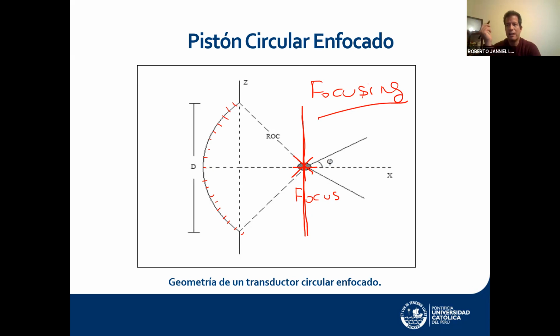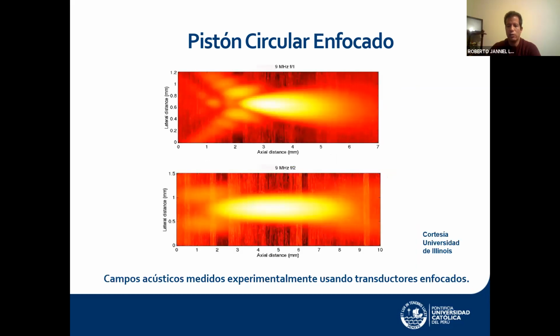But this is again probably one of the most powerful concepts to take away from this particular lecture, because it allows me to do something spectacular, which is to create really tight beams, right? Like these ones. These transducers are operating at 9 megahertz or something like that.